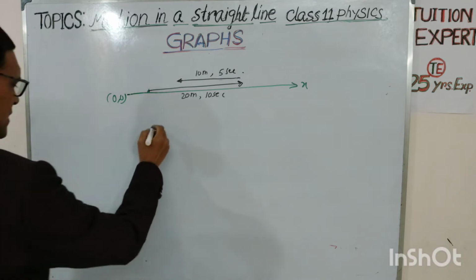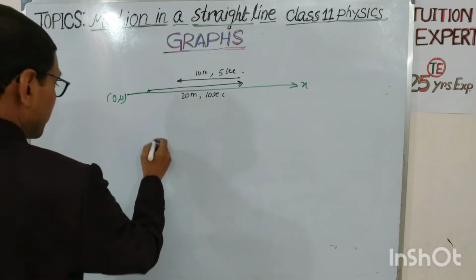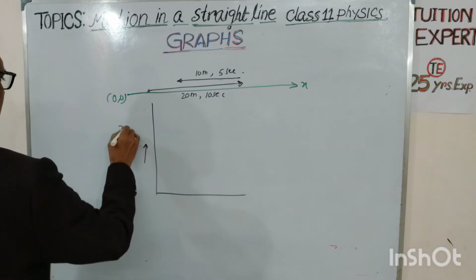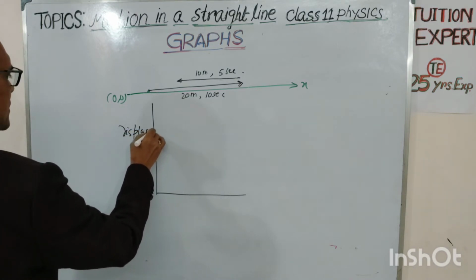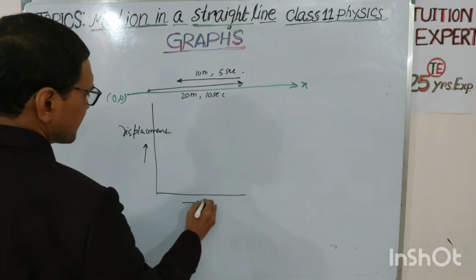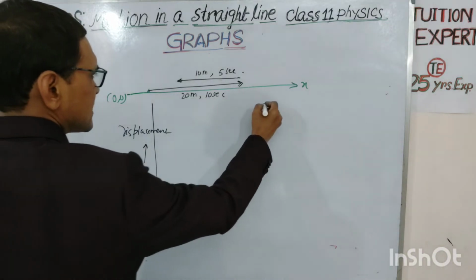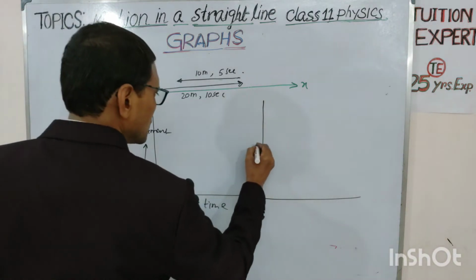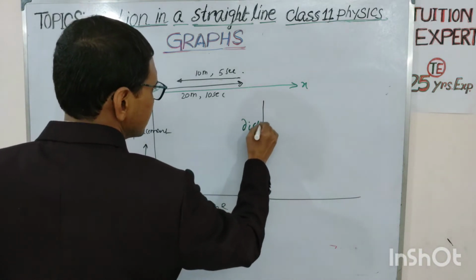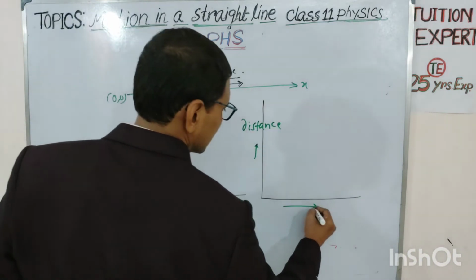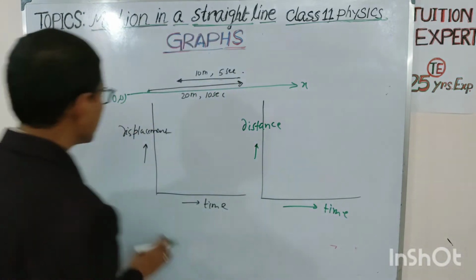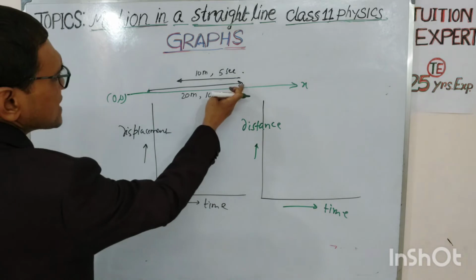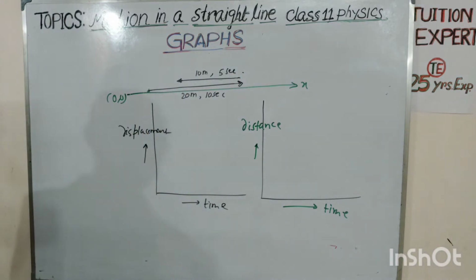Now what are the displacement and distance time graphs of this? The particle moves in this direction and reverses for some time.